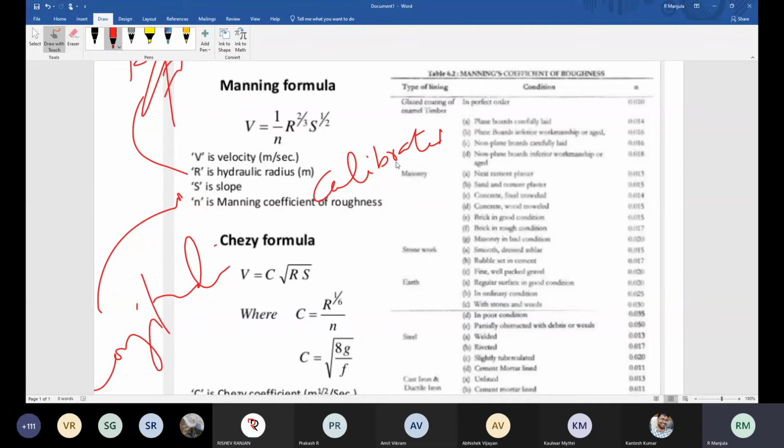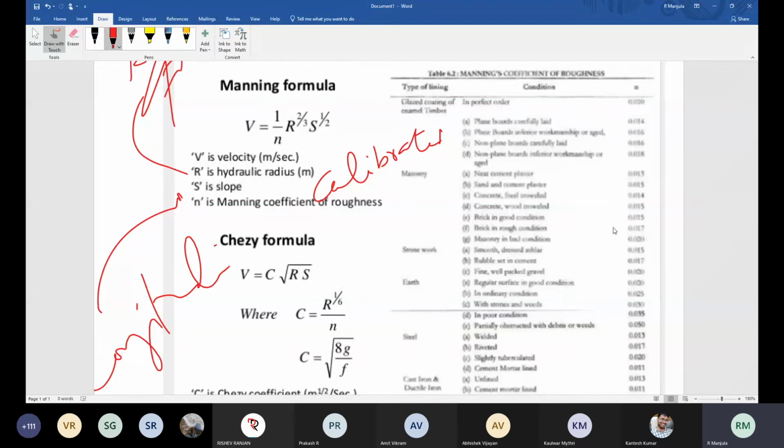Similarly, if you take masonry, what is masonry? Generally it is either cement masonry or lime masonry. If you are mixing cement with sand, it is called masonry. So we have neat cement plaster, sand and cement plaster, concrete and steel, concrete, wood and trowel, bricks in good condition, then brick in rough condition, and masonry in bad condition.